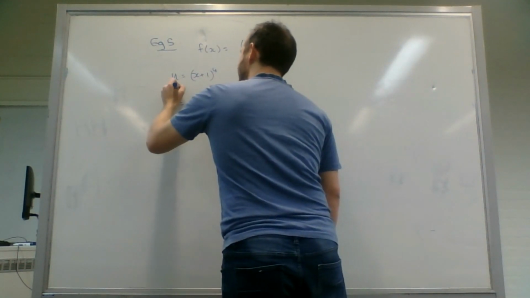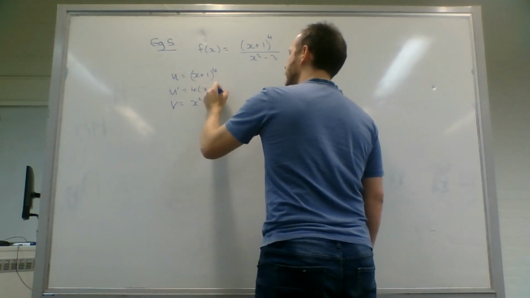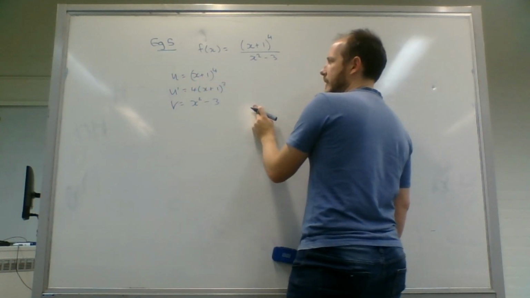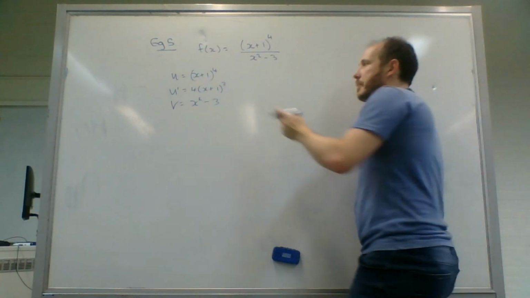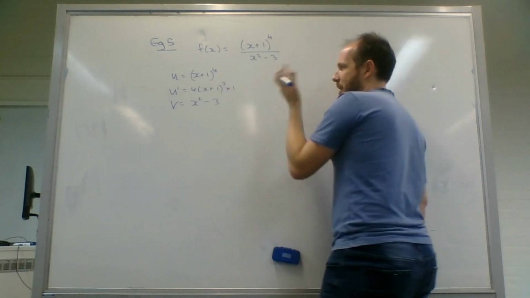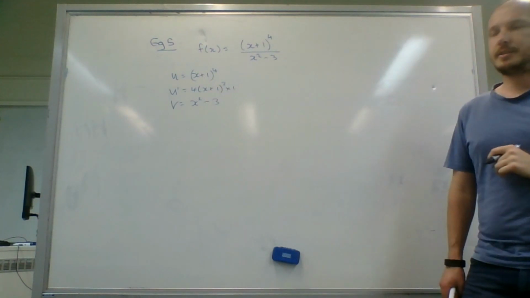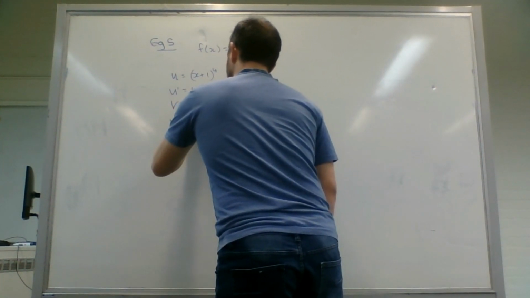So u dashed, derivative of this, so 4 x plus 1 to the 3. And again, I have to use the chain rule within the quotient rule. But the derivative of what's inside the brackets here is just 1. So I'm multiplying it by 1. So that's all I need to do. And v dashed is 2x.